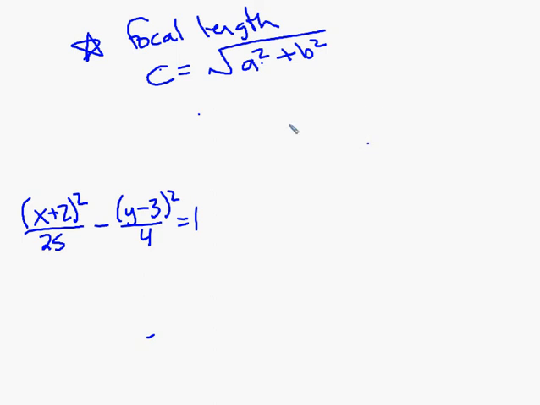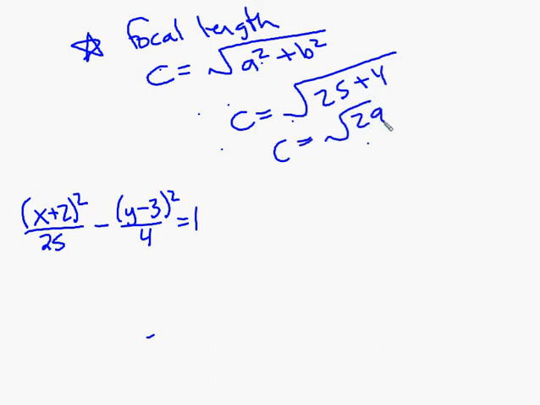So let's find our foci. So C is, in this case, going to equal the square root of 25 plus 4. So C is square root 29. Now our foci always are along the transverse axis, which in this case is along X. So we're going to have from our center negative 2 plus or minus square root 29, comma 3.